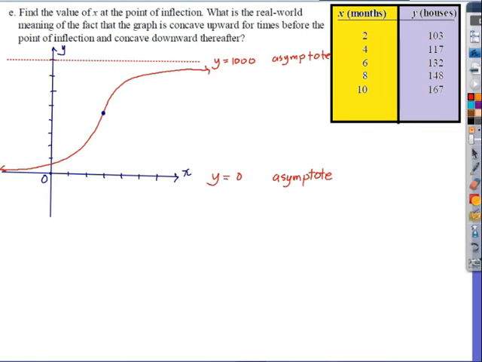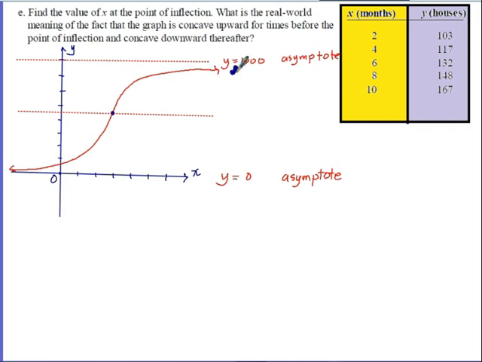Let us have a representation. So this is our C over 2. Let's make it more accurate. So this is our C over 2. If this is my y equals C, they are the same.